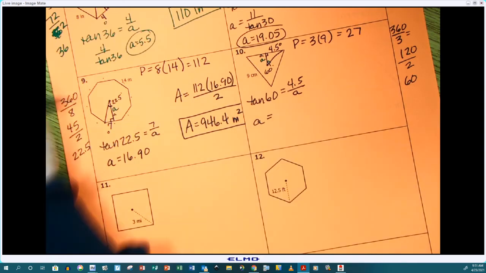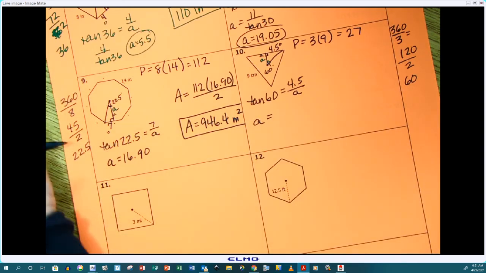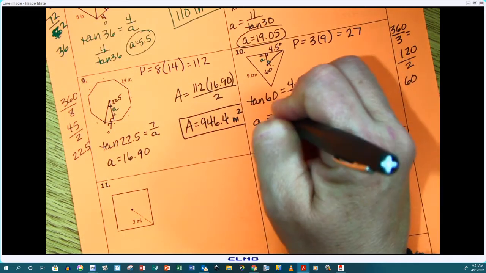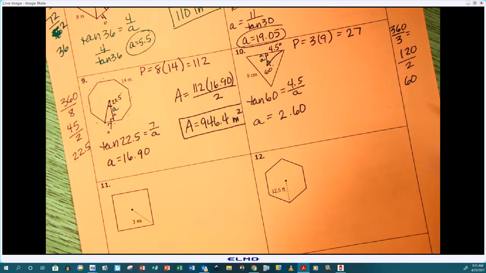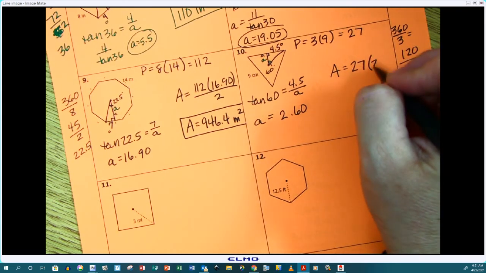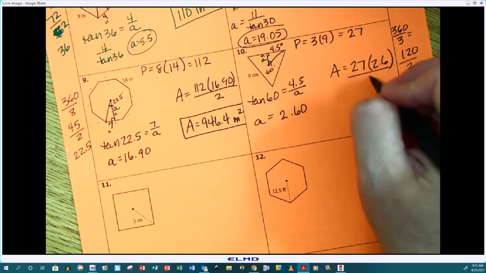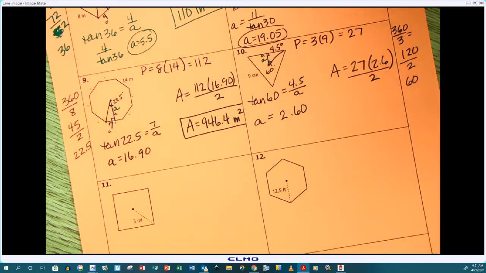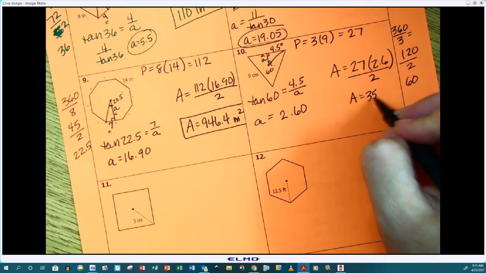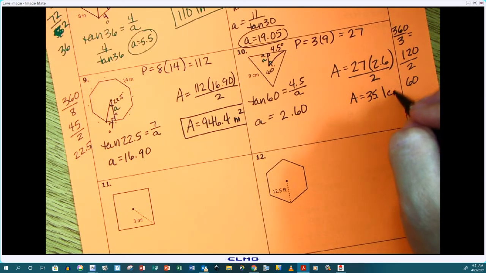So 4.5 divided by tangent 60. So 2.60. Area, perimeter times apothem divided by 2. So 35.1 centimeters squared.